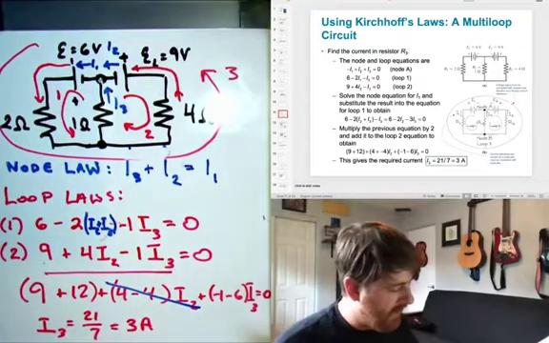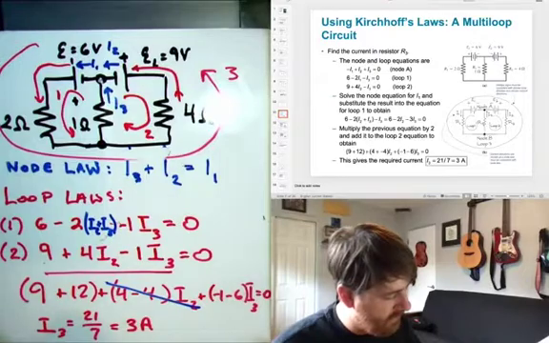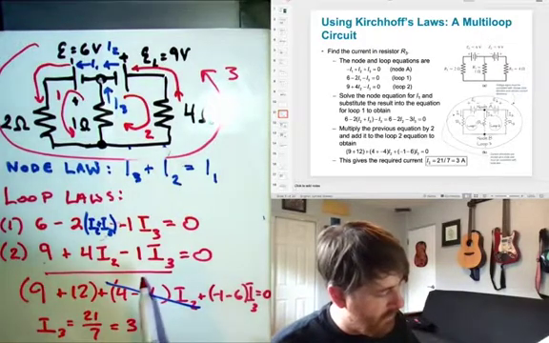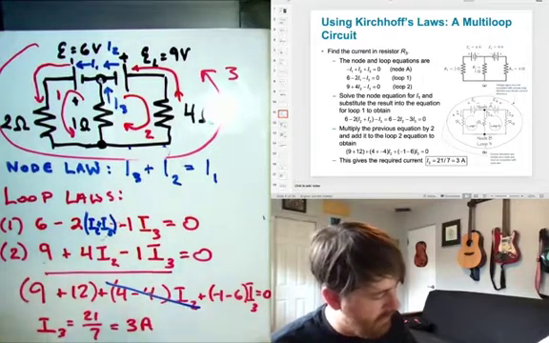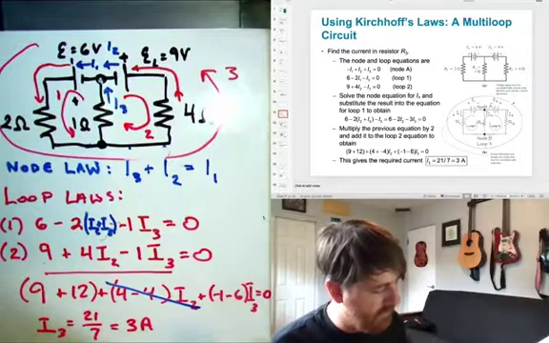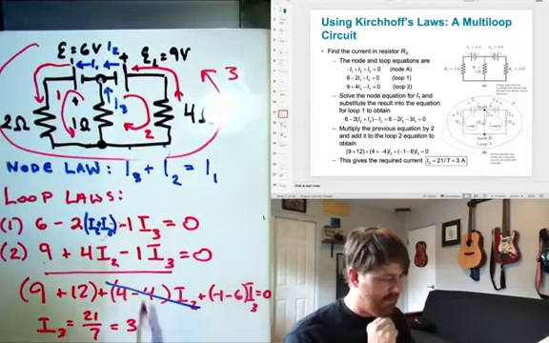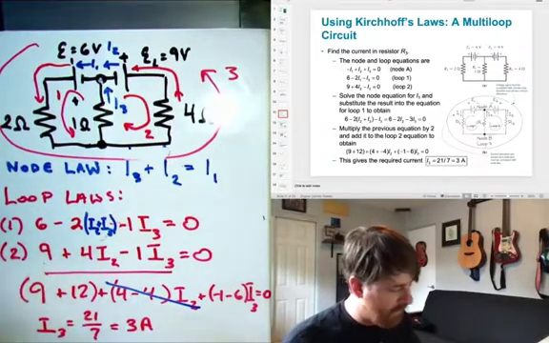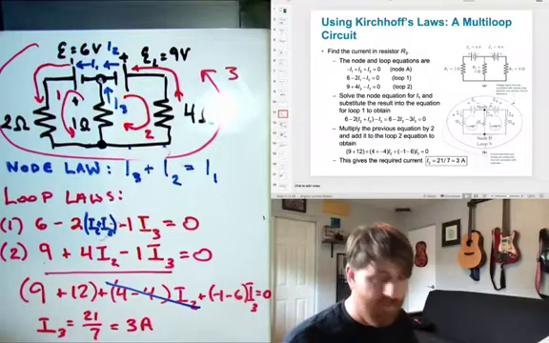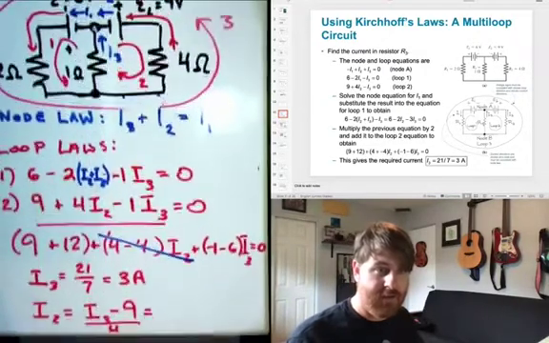and I know that I2 would be I3 minus 9, right? Then divided by 4. I'm off the page.